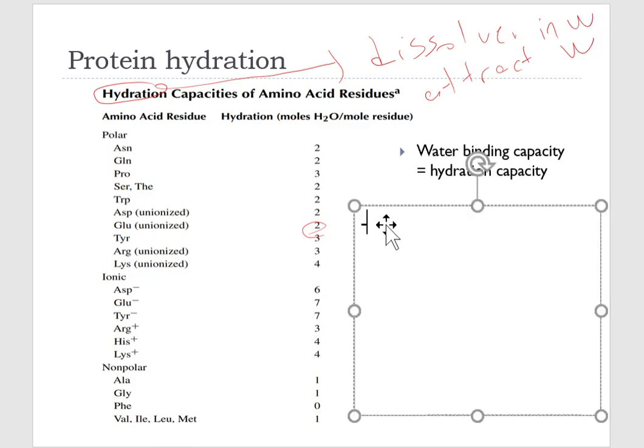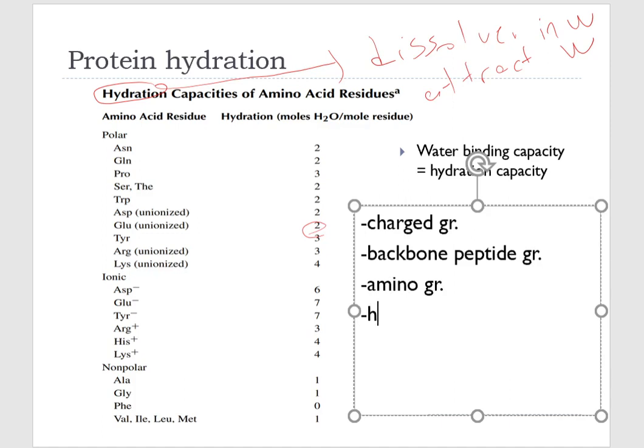So these groups include charged groups, and then backbone peptide groups, and the amino groups, hydroxyl groups, and non-polar amino acid residues.